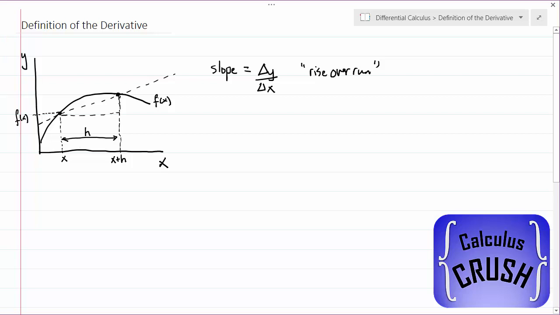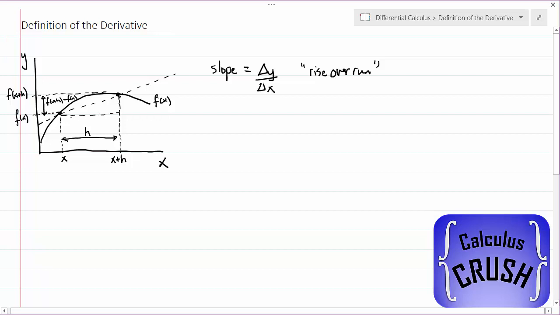Now the corresponding y value for this second point is just going to be f of x plus h. So the difference, or the distance here, is just f of x plus h minus f of x.